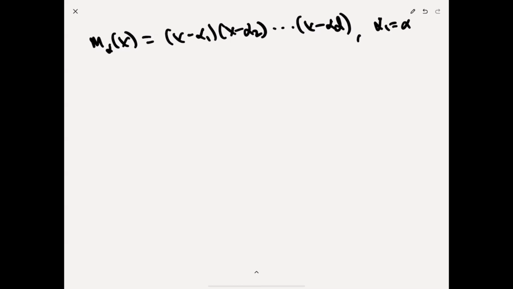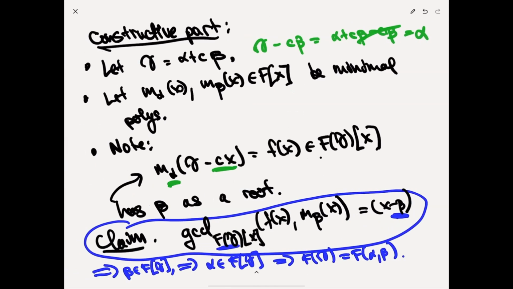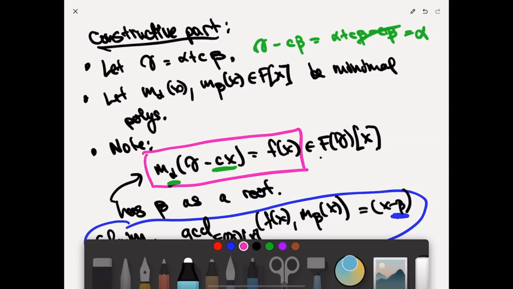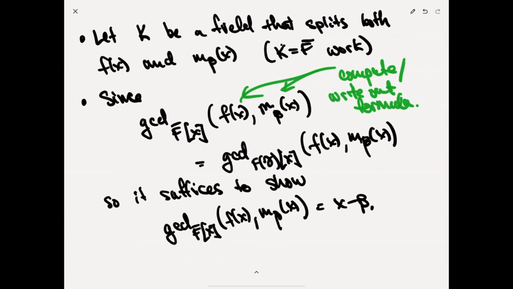Okay? Similarly, f of x, well, what do we have? f of x was this shifted version of m alpha, which is how we defined it. So we just take the polynomial for m alpha and plug this in.